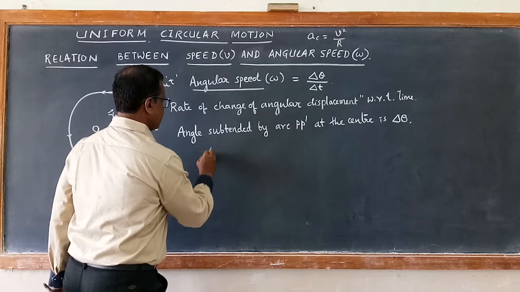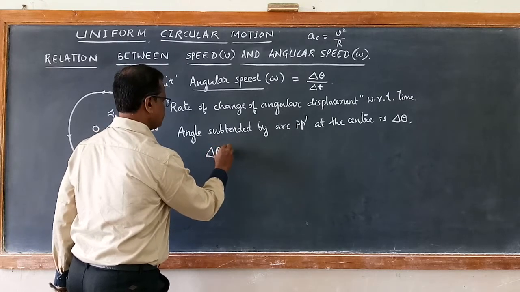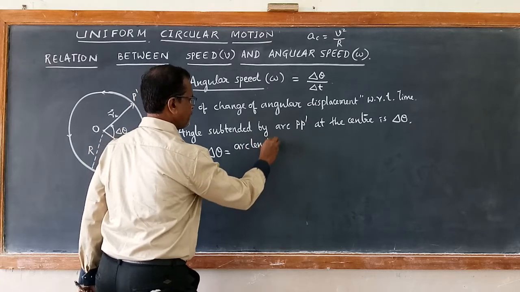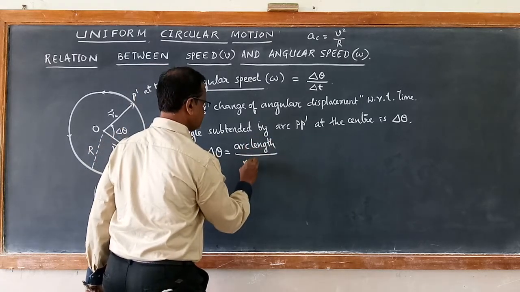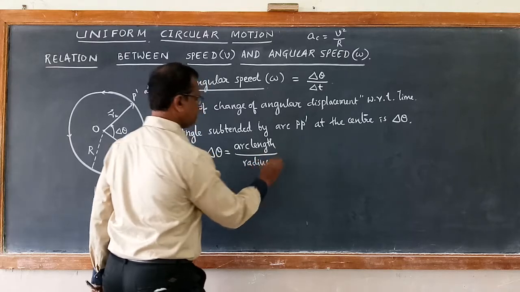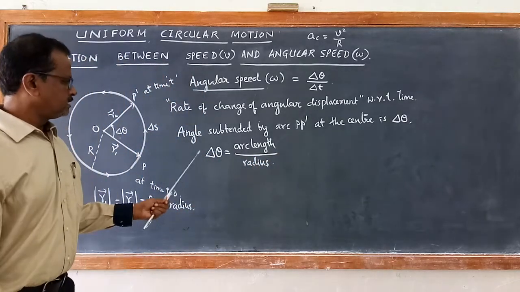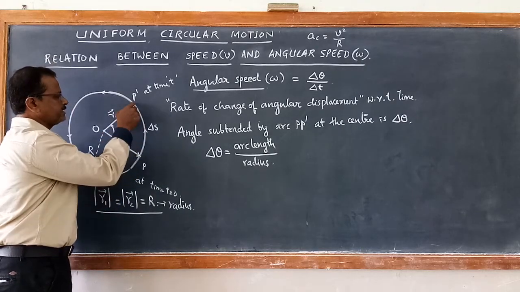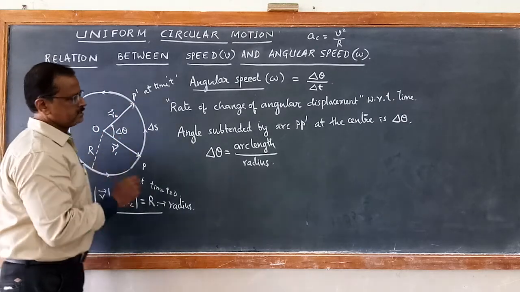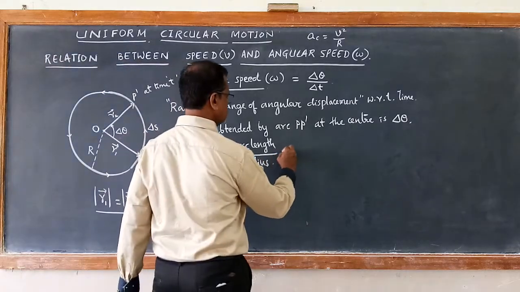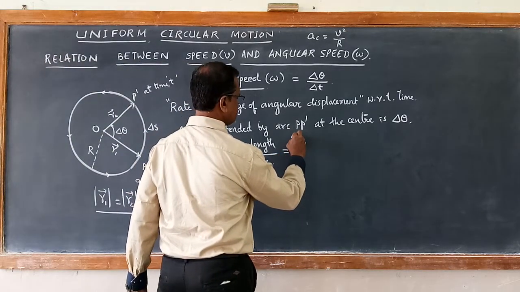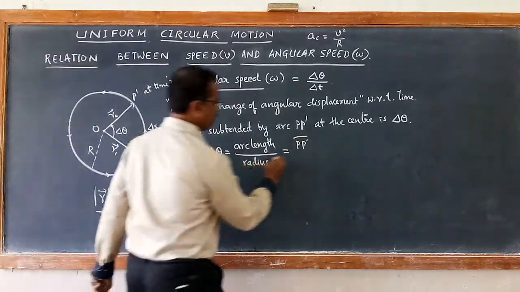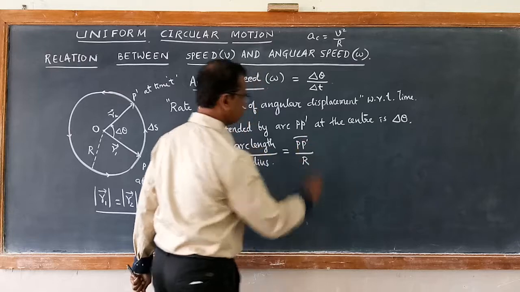We are defining this angle subtended as delta theta equal to arc length divided by radius. I think in maths you must have studied this. Angle subtended by an arc at the center is equal to arc length divided by radius. The arc length here is pp dash and the radius here is r.